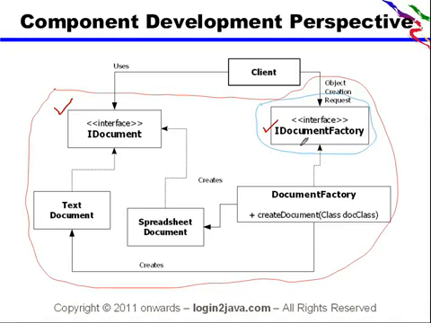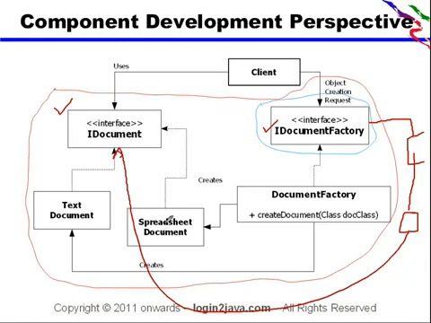By keeping this interface in place, see how easy it will become to create new factories in your application anytime. New factories that will give different new documents implementing this interface.